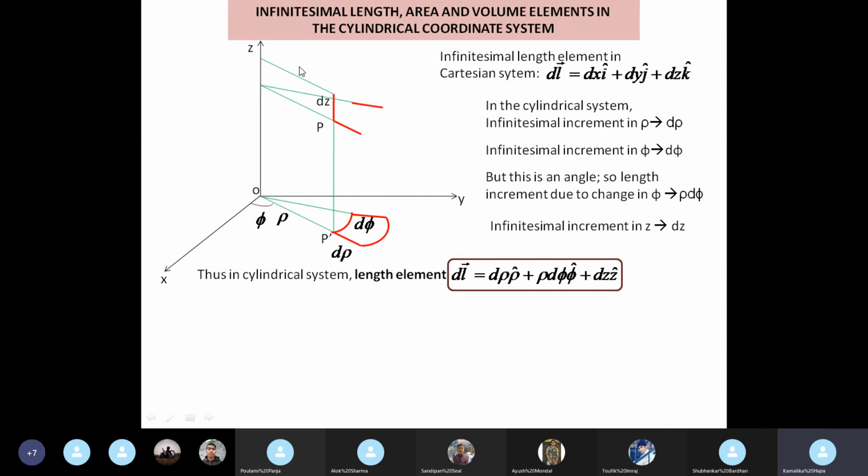Remember, this is also rho and this is also d rho. That is where I get when I change by an amount d phi, and that is also d rho. So this is rho d phi. This is also the arc length. Okay, so I join these elements.